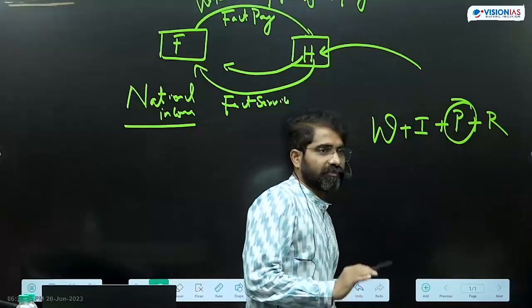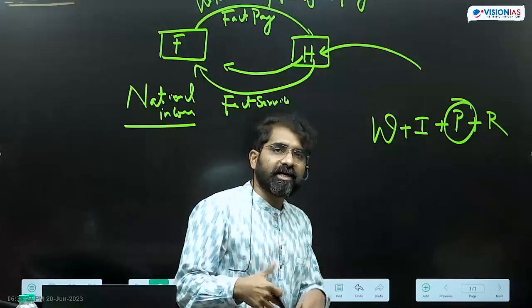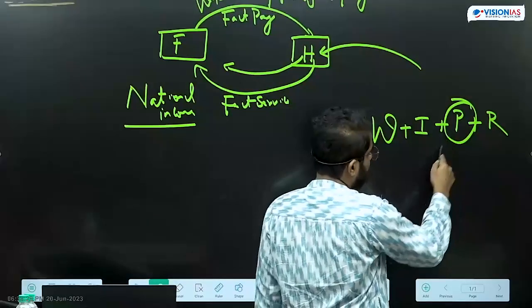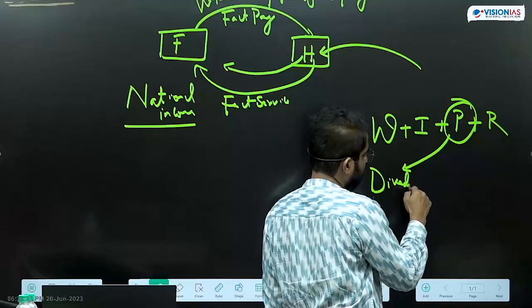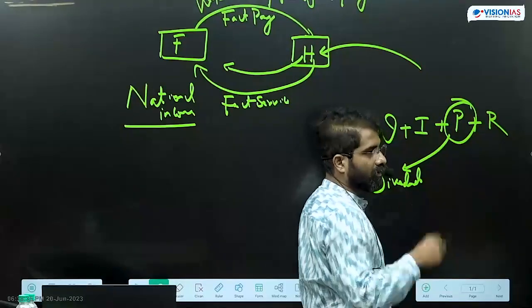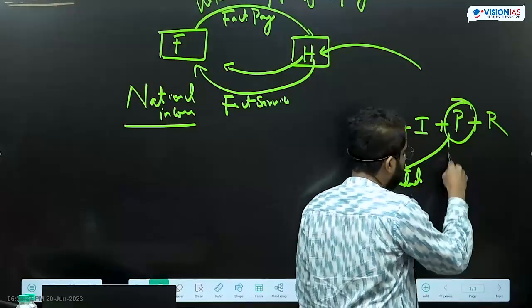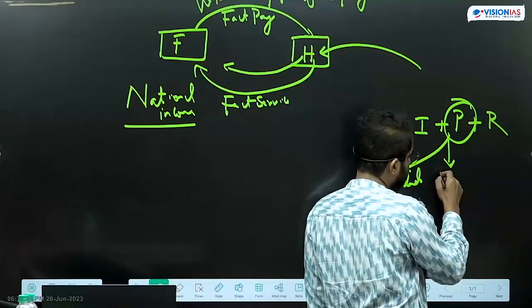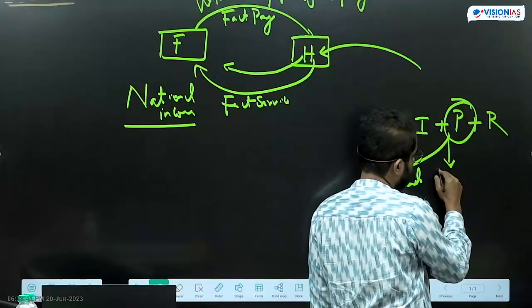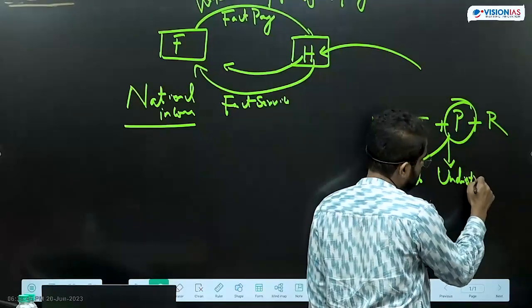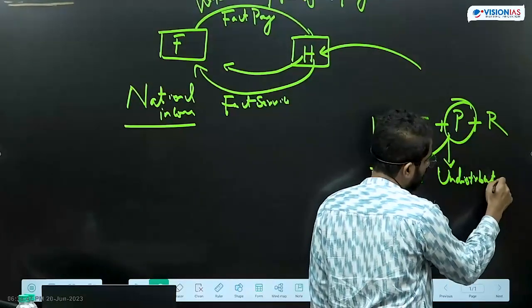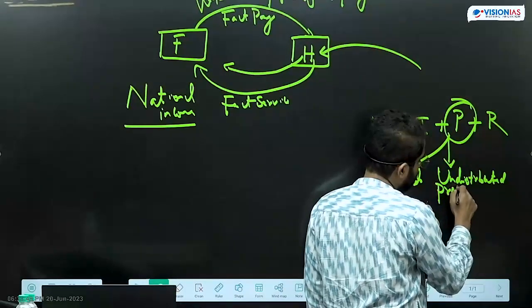Profit. Now if I have to further divide the profit, it can be divided into dividends, which go to the shareholders, or into undistributed profits, which I'll write as undistributed profits or retained earnings.